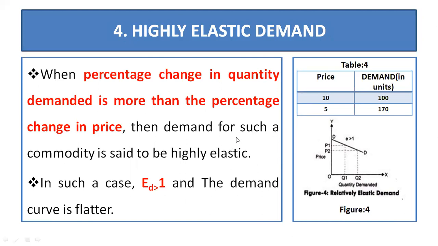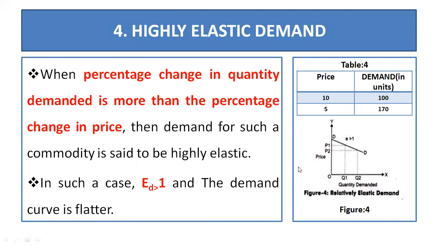So it means that when the percentage change in quantity demanded is more than the percentage change in price, then the demand for such a commodity is said to be highly elastic demand. Here the demand curve you can see is flatter in nature.